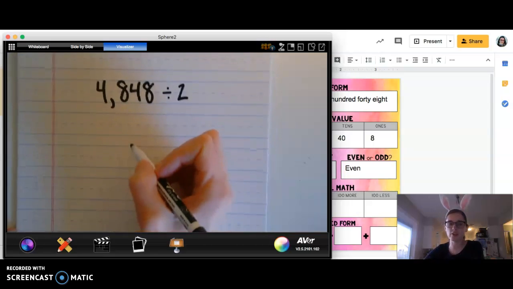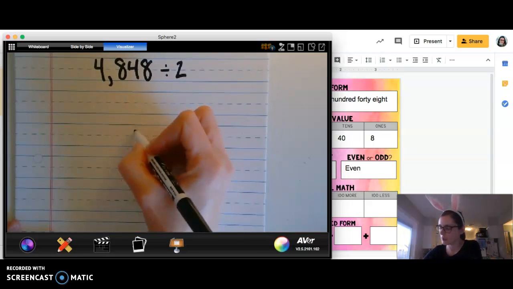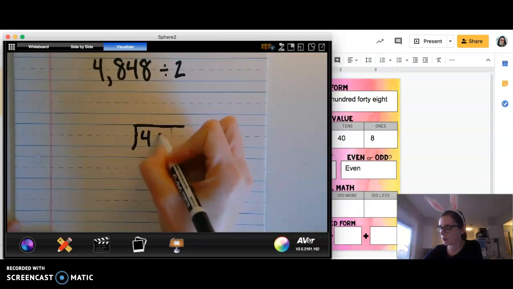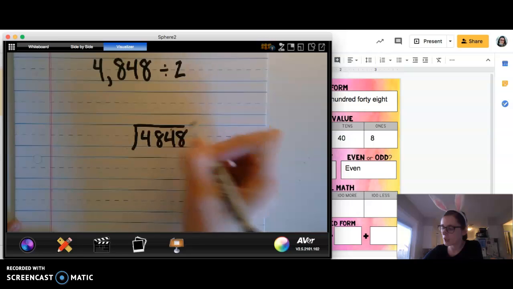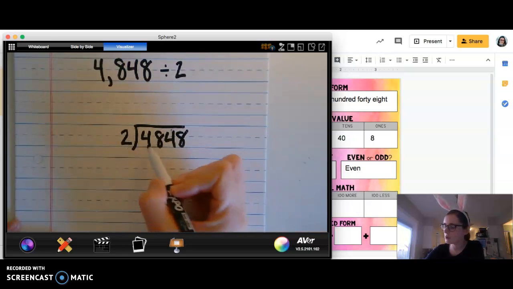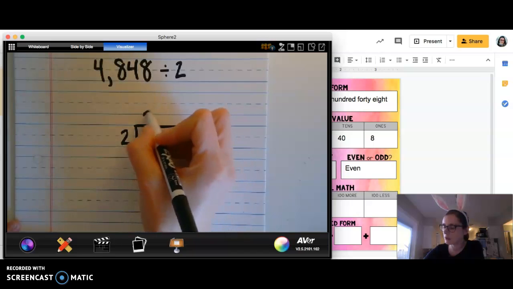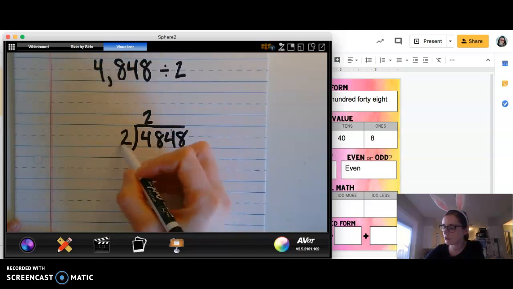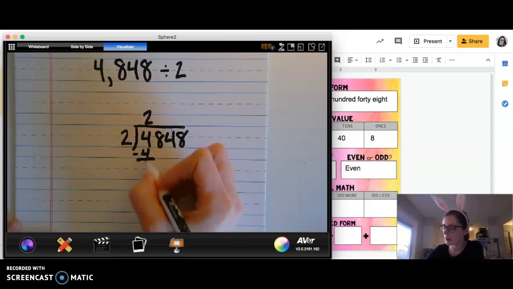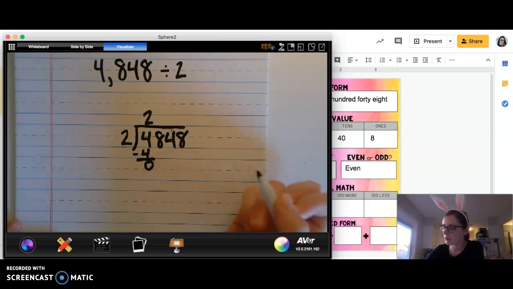So I'm going to set it up in a long division problem. I'm going to have my long division sign, 4,848, and then I'm dividing it by 2. So 2 goes into 4 2 times because 2 times 2 is 4. When I subtract that, that gets me to 0.